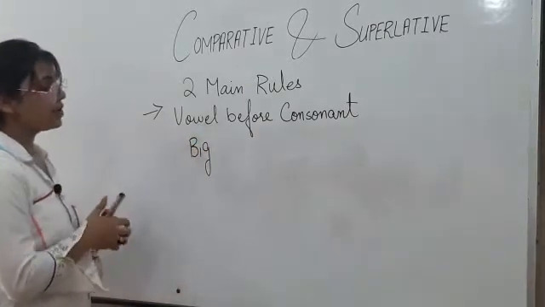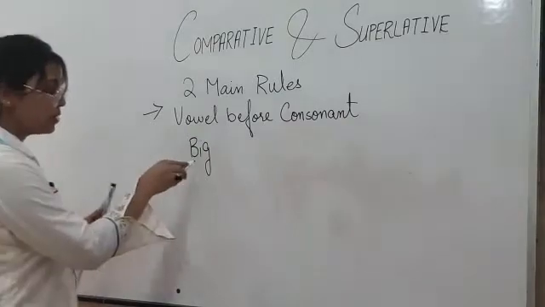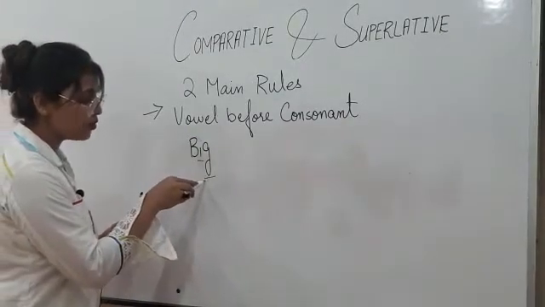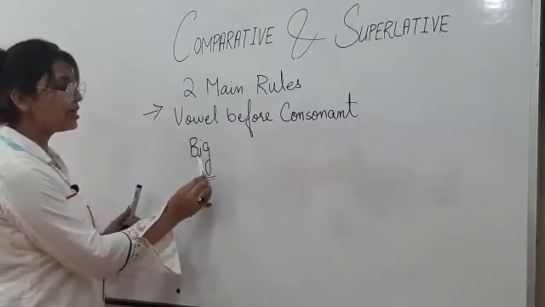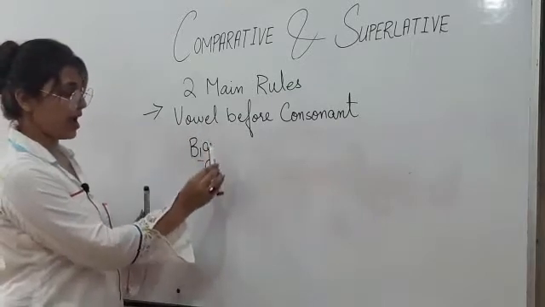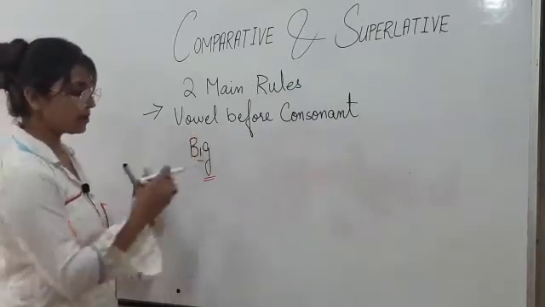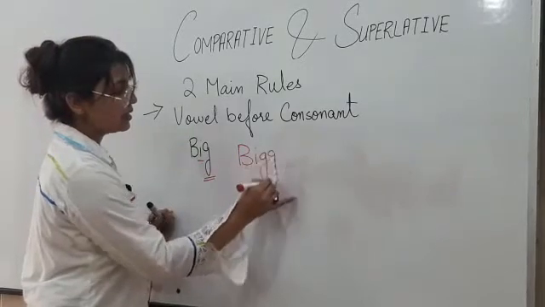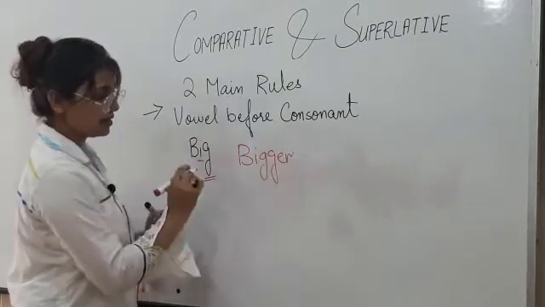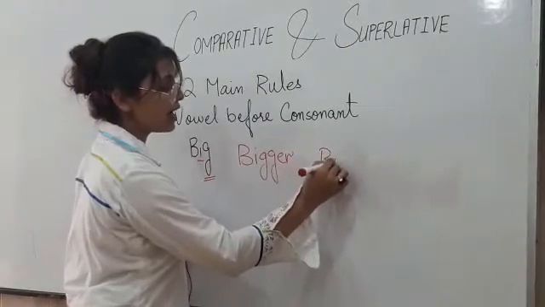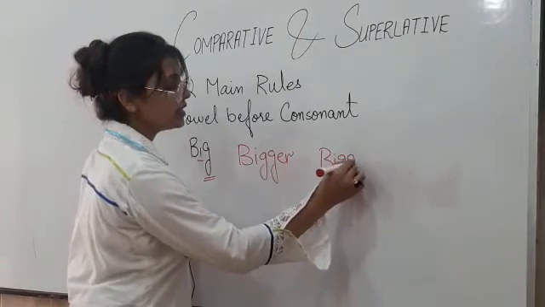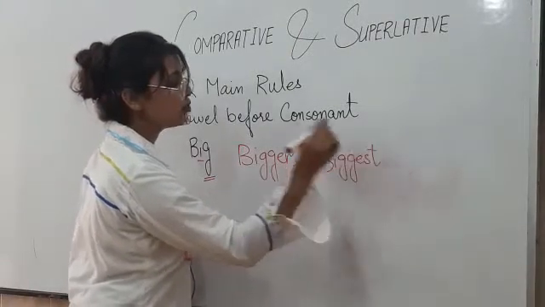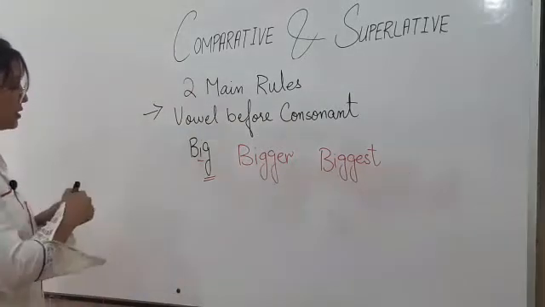If there is a vowel before the consonant, then we will double our last consonant in comparative and superlative, like B-I-G-G-E-R in comparative and B-I-G-G-E-S-T in superlative.